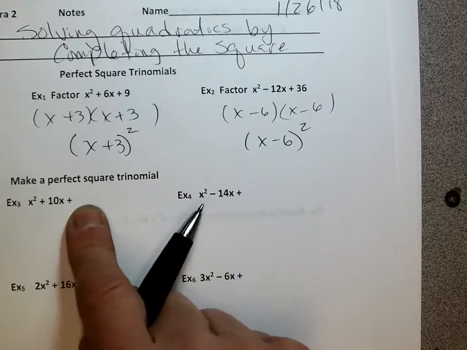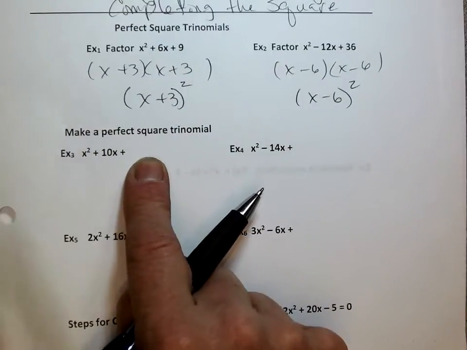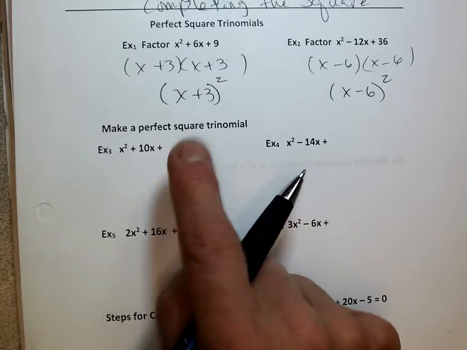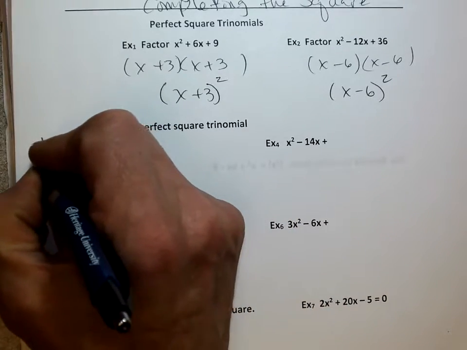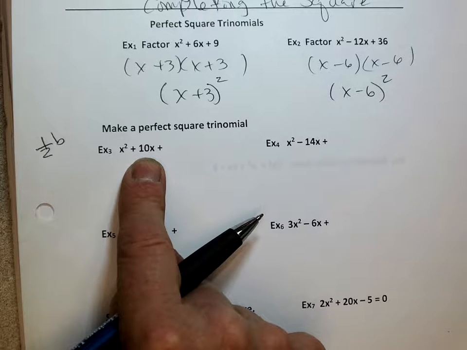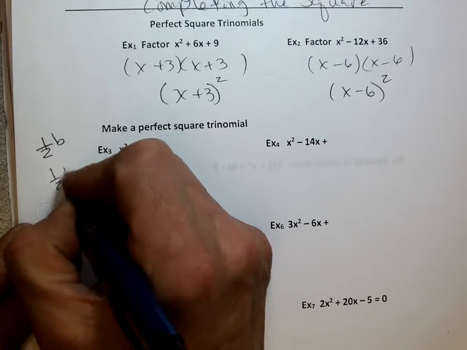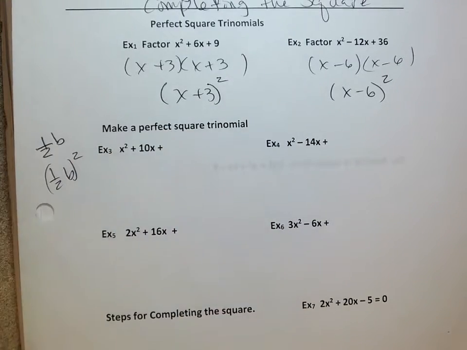You might be able to see the 25, okay? You might be able to see that it's got to be 25, but if you don't see the 25, we're going to take half of b, which is, this is b, right? So we take half of 10, which is 5. Agree with that? So then when you take half of b and you square that value, you'll get 25.